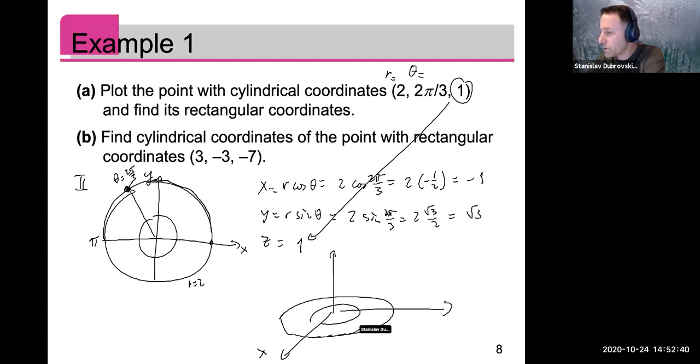So we're going along this way. We ended here, with 120 degrees, and then we're going up 1 unit along z. So that is the point with coordinates 2, 2 pi over 3, 1 understood as its polar coordinates. Done with that. Any questions? Did you get the same?